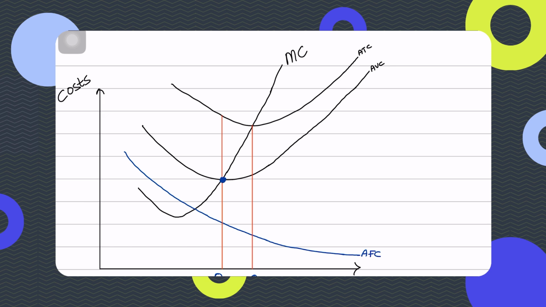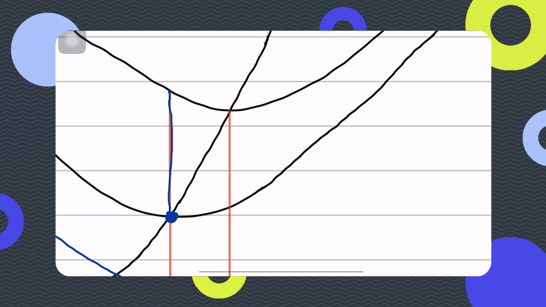But if you look at the behavior of the average total cost curve, if I extend a line all the way up to here, although the average variable cost curve starts to go up after this point, the average total cost curve is still going down. The minimum point of the average total cost curve comes at a slightly higher level of output, and then it takes a U-turn and starts to increase.